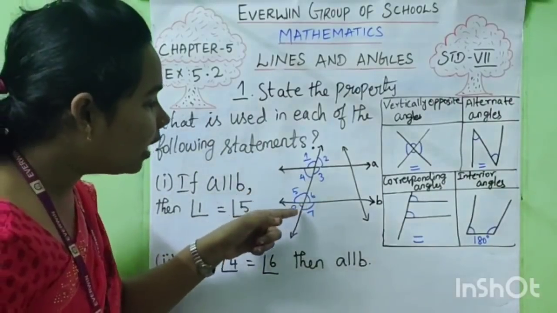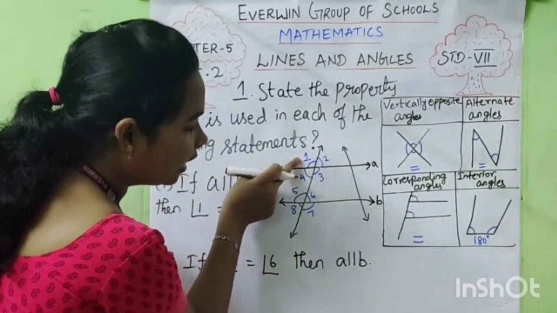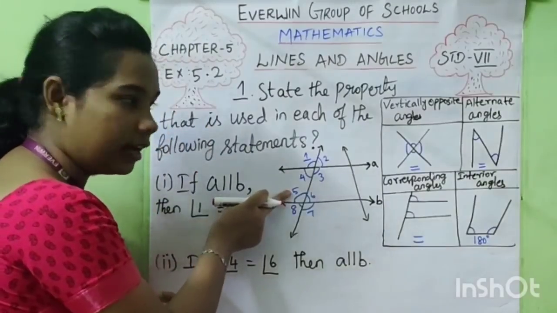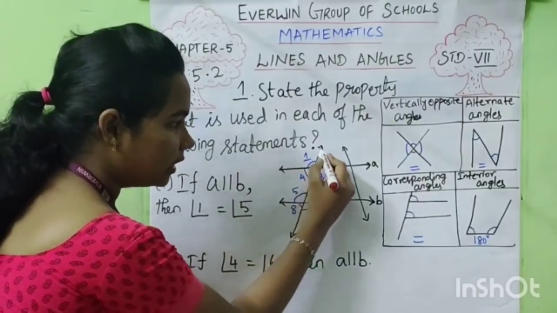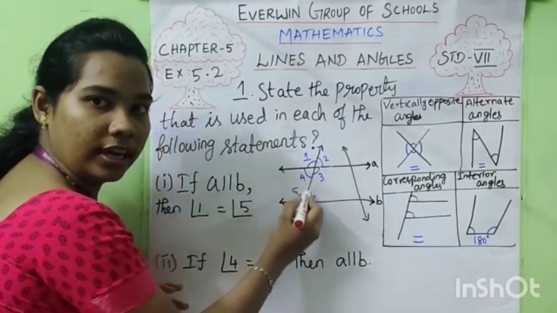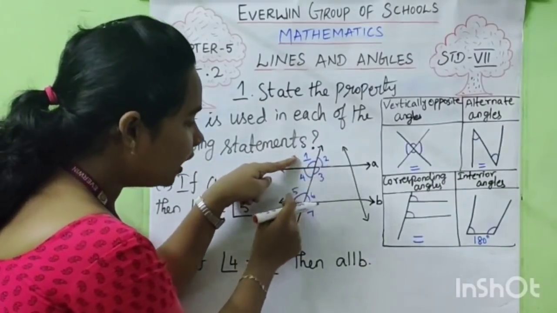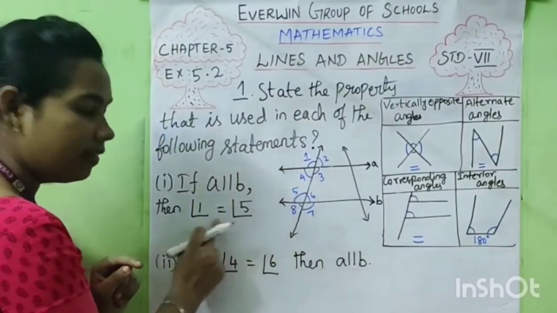Where are angle 1 and angle 5 in this figure? Angle 1 is here, and angle 5 is here. See this line, actually this is looking like F. See, this line and these 2 lines. This is looking like F, and both the angles, angle 1 and angle 5, are the same. They have given that in the question.